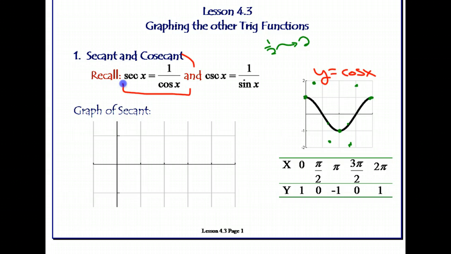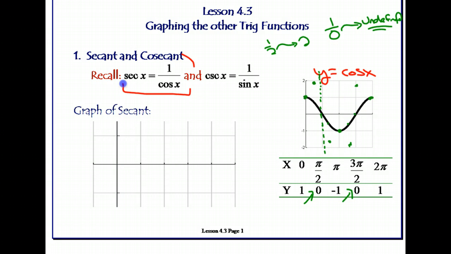And then you want to look right here at these places where the cosine is 0. You should know, what is the reciprocal of 0? The reciprocal of 0 is undefined. So we're going to have parts of our graph that do not make any sense, where we're going to have asymptotes. Right here, where our cosine was 0, we can't take the reciprocal of 0, so we sketch in a vertical line.